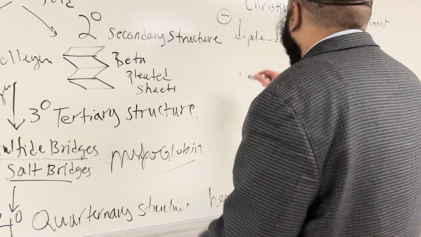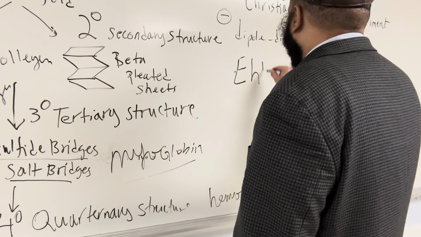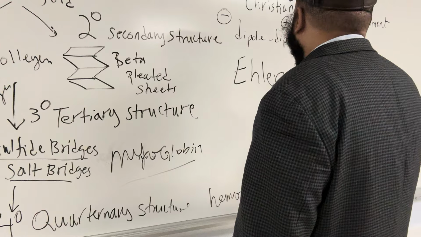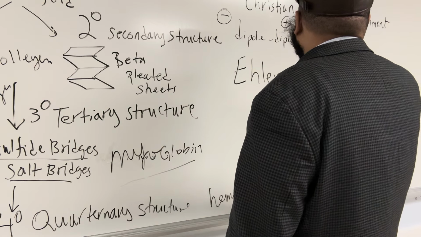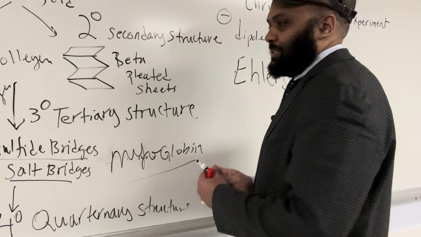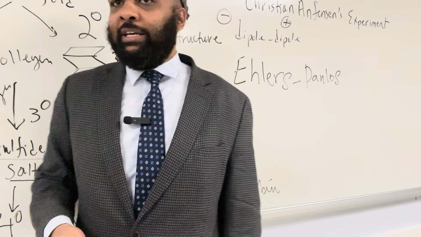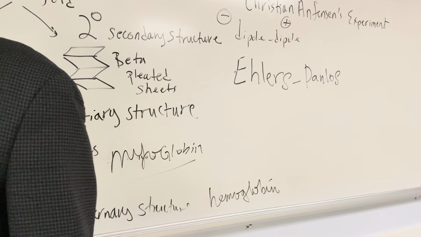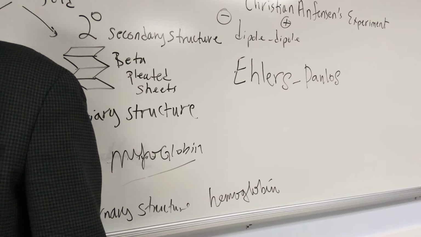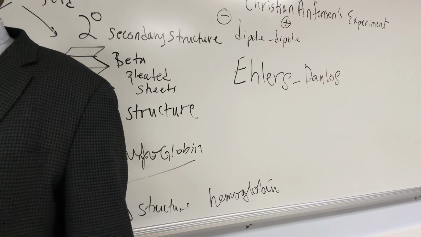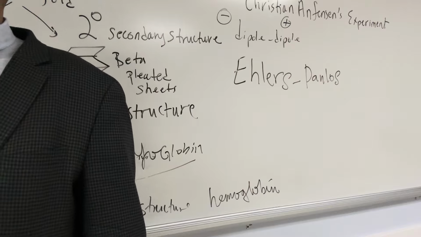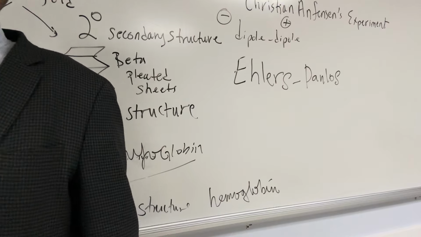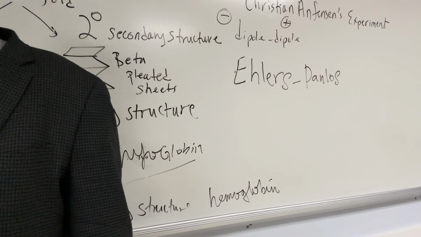Anybody heard of Ehlers? Ehlers-Danlos disease is a disease where there is a genetic problem. They can't make collagen. Those patients have a genetic problem, so the gene that makes collagen is defective and mutated, and is not working.